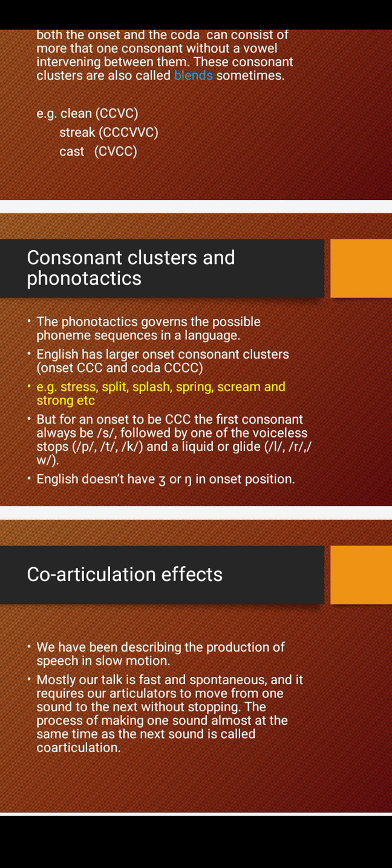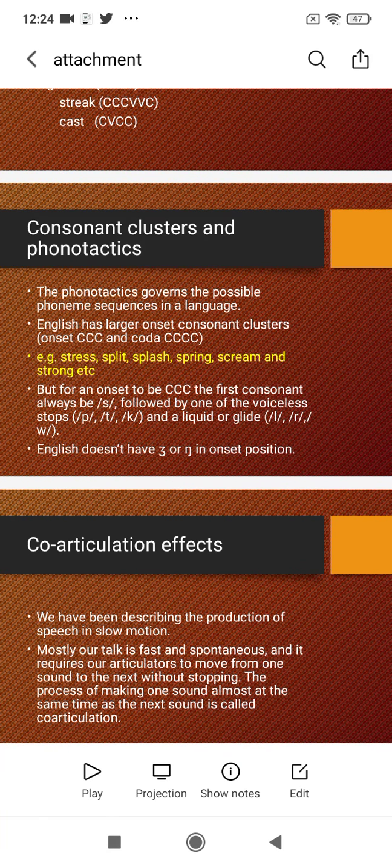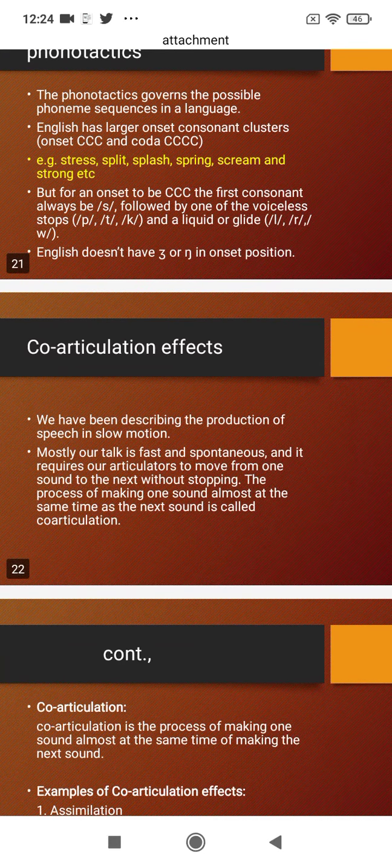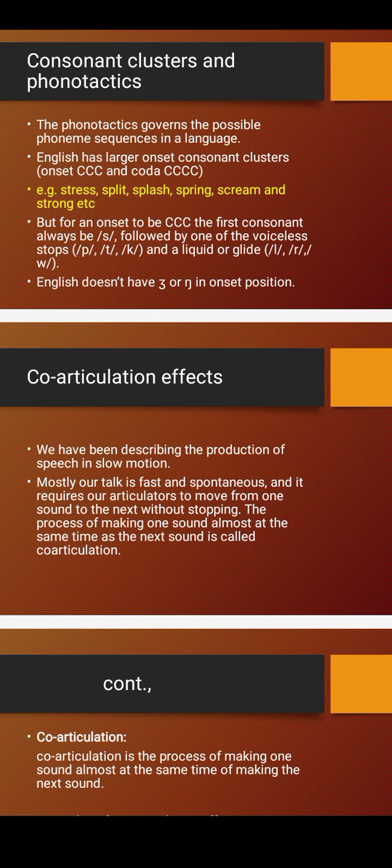We have studied the manner and places of articulation, and we are aware of terms like voiceless, voiced, fricatives, and other such terms. These voiceless stops are then followed by L, R, or W, which are known as glides. If this condition is not met, we cannot form an English syllable with a blend of 3 consonants coming together as an onset or coda.